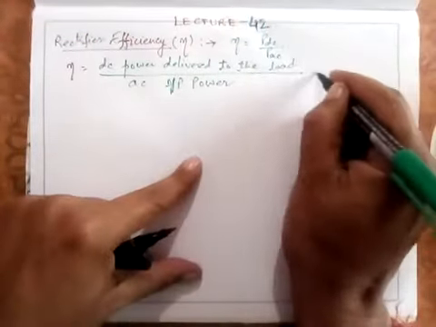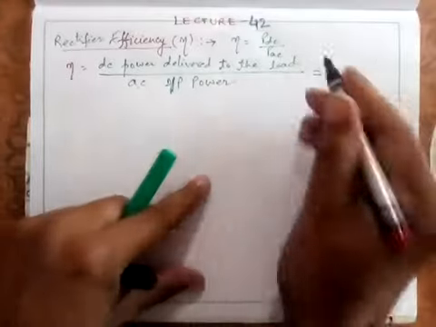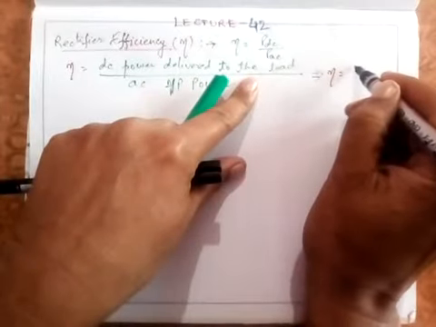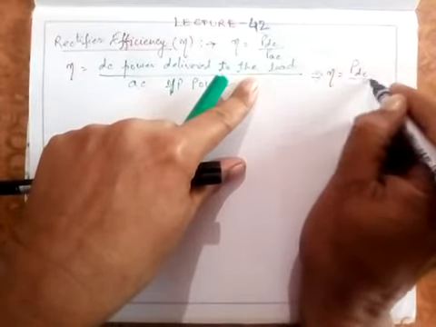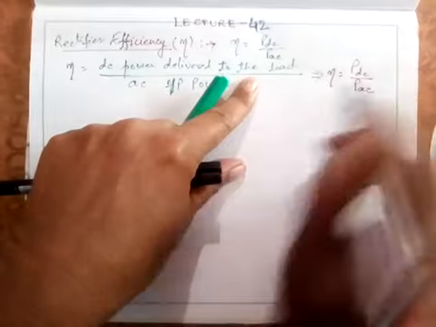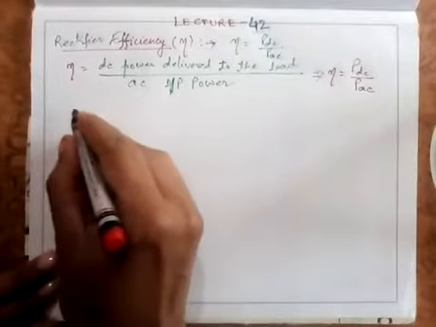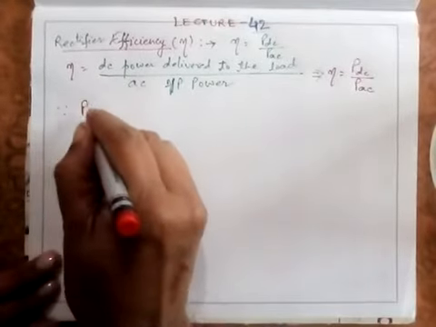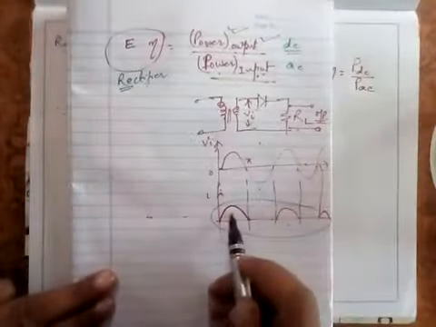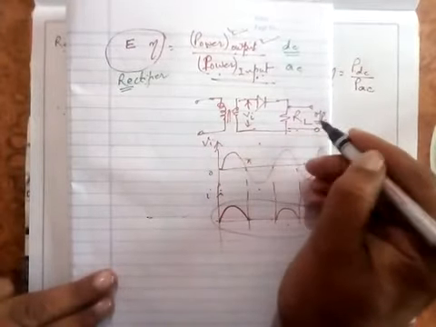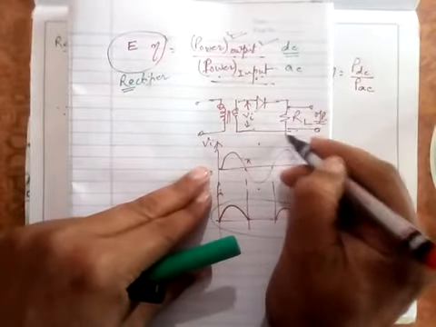Now the rest is very simple. I am repeating this: eta is equal to PDC upon PAC. All I have to do is to find the value of PDC and PAC. So let's find out. Since PDC is the DC value or the average value of this wave, I am interested in the power across this RL only.